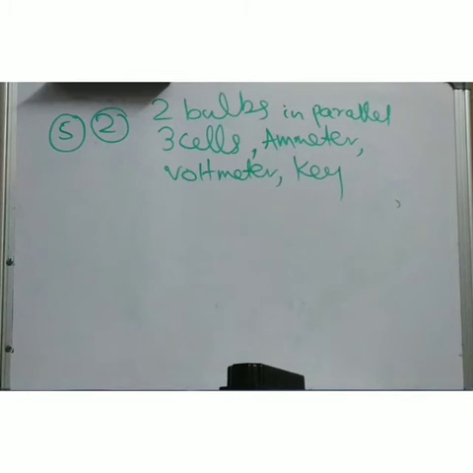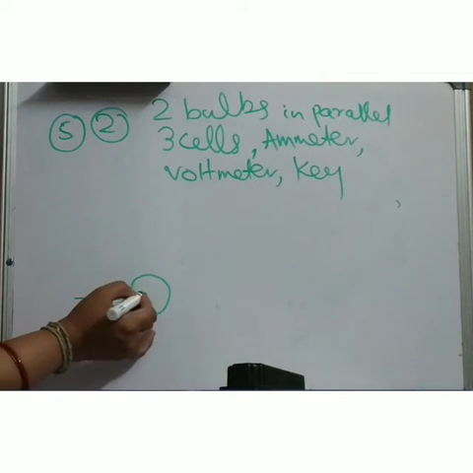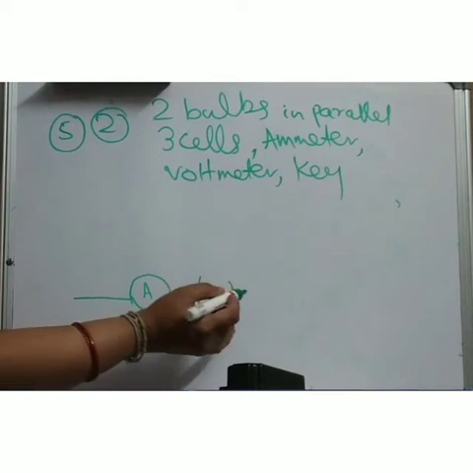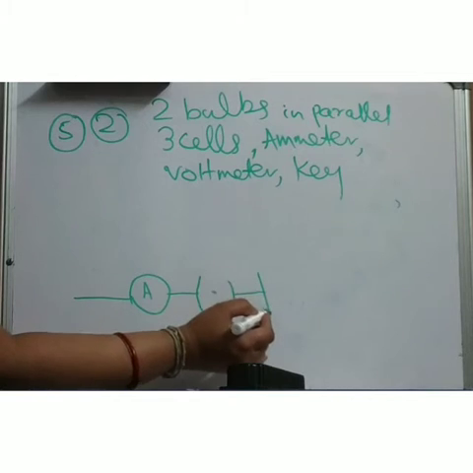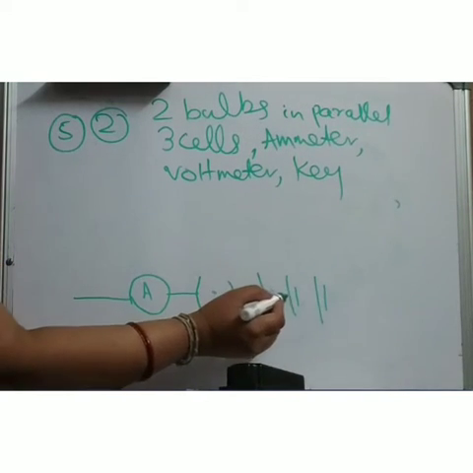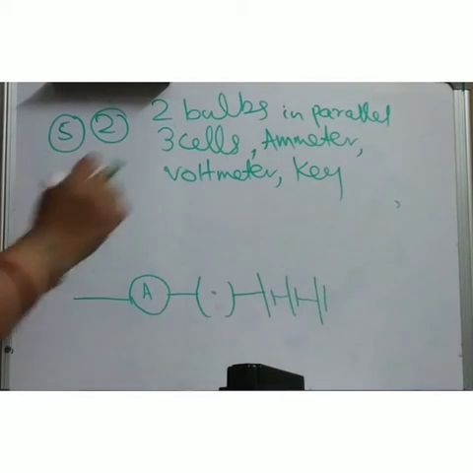The downward part will remain the same, no variations, like the previous one. This will be your ammeter, and this will be your key in on mode. Now in the same way draw 3 cells, 1, then 2, then 3. Please be careful while drawing this.